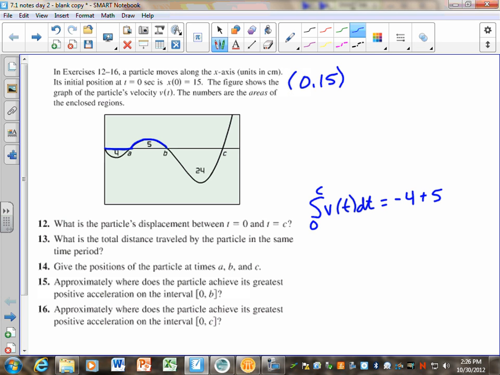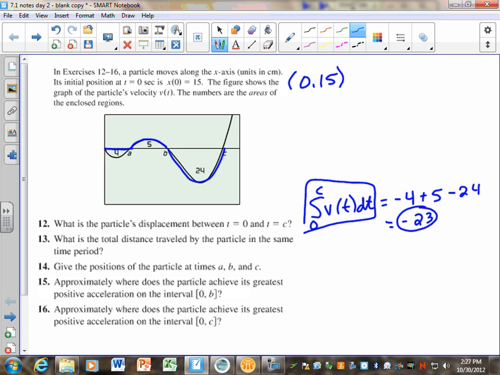And then from b to c is below the x-axis, and they tell us that it's 24, but because it's below, it's -24. So I know without having an equation that the displacement from 0 to c seconds is -28 plus 5, which would be an answer of -23. But I also want you to get in the habit of writing that as well.